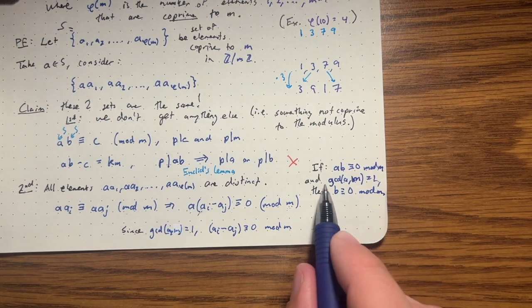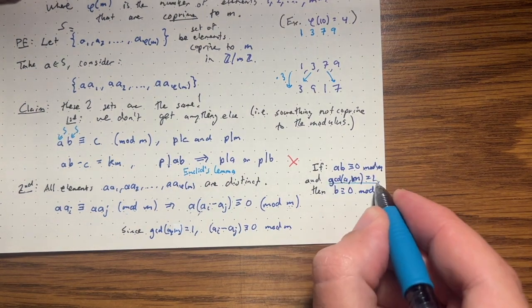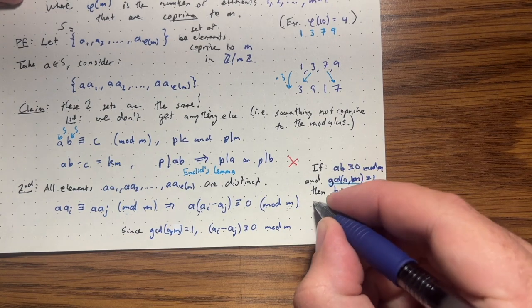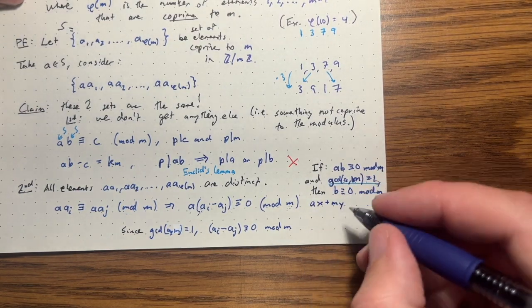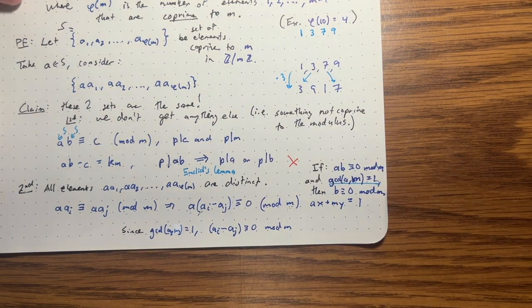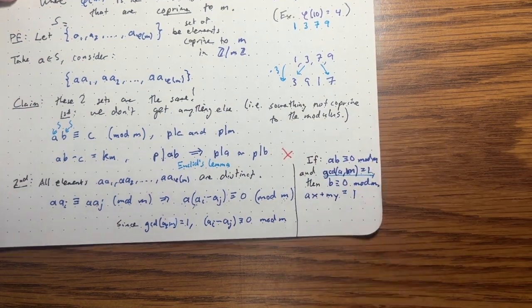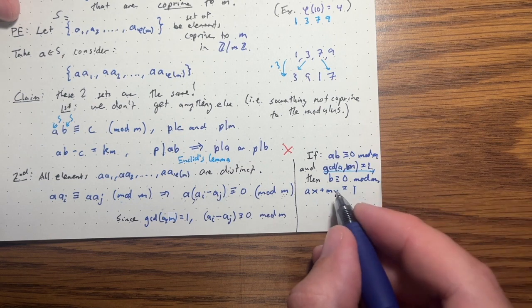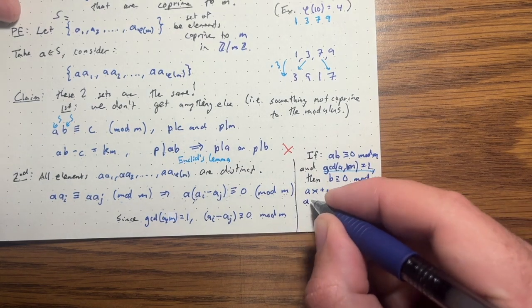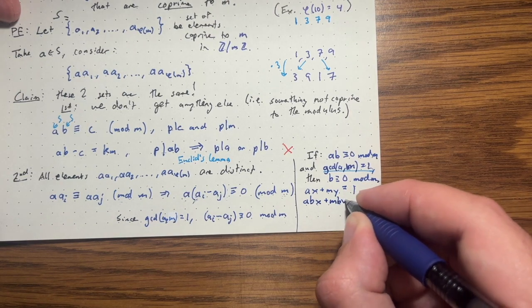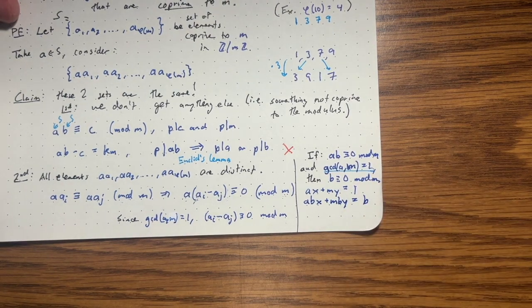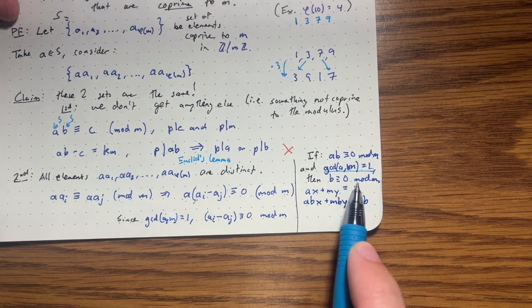So what's the idea? The idea is to use the GCD condition to write 1 as a linear combination of A and M. Sorry, I'm kind of running out of space here, but I won't need much space. And then, it's this nice idea, you multiply it all by B. And then what do we conclude?